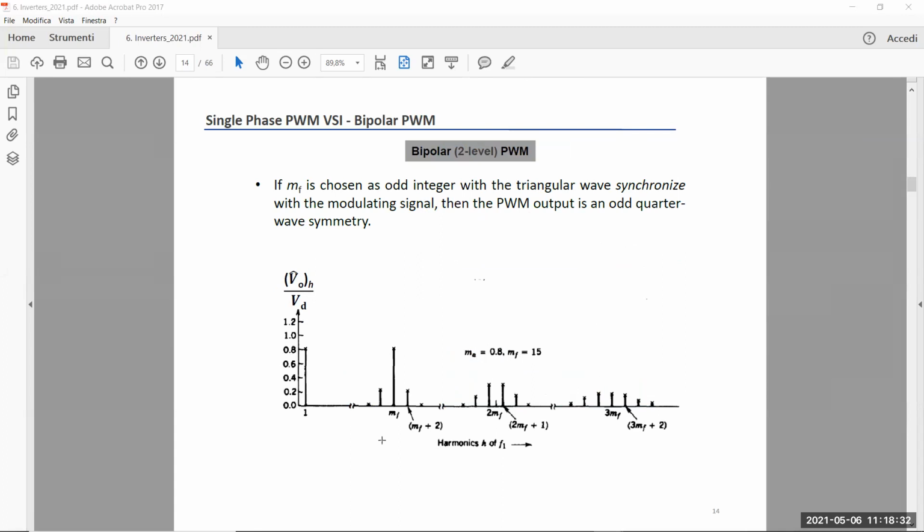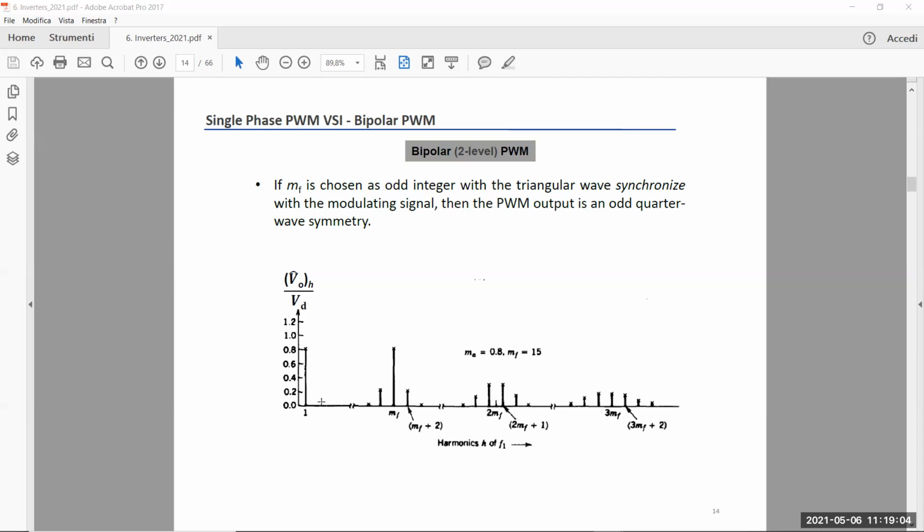Then you have the first bunch of harmonics around Fs. The second one is not MF plus 1, but it is MF plus 2, because the harmonic you have in between is eliminated, because it has even K plus N. Okay, the even harmonic here, 2Fs, is eliminated because MF is an odd number, etc.